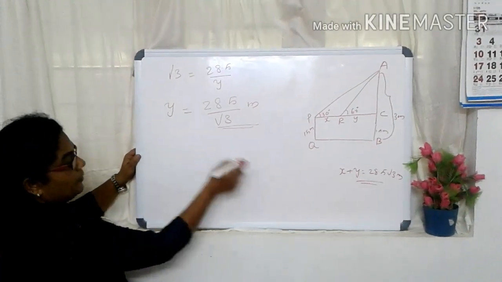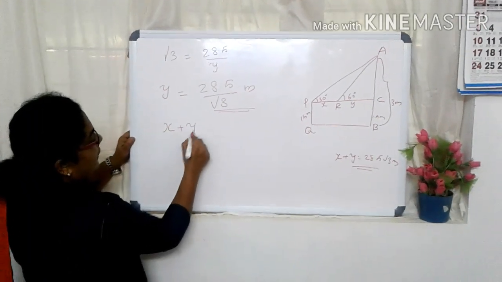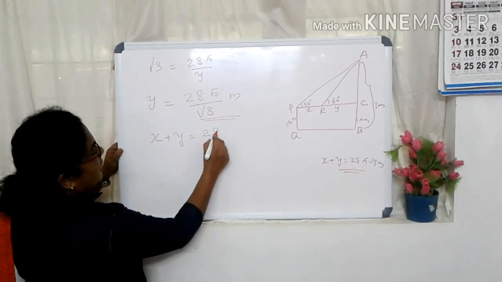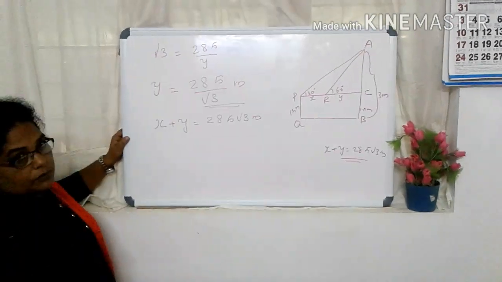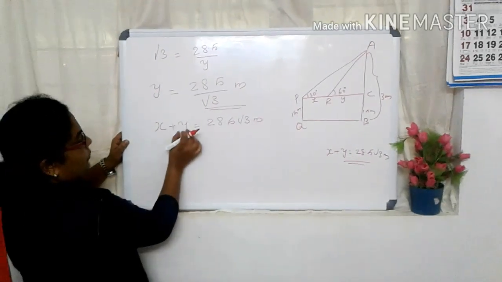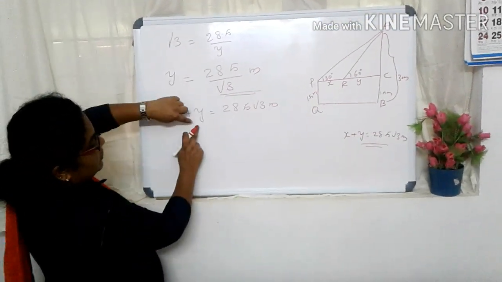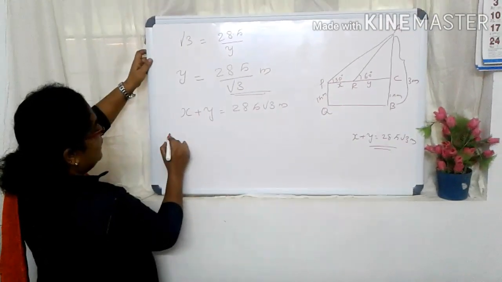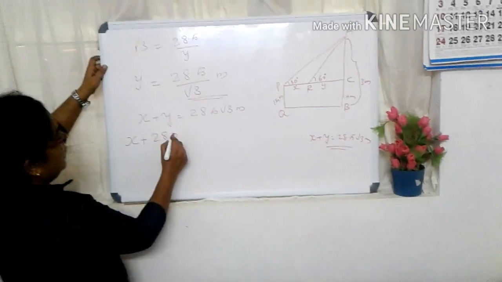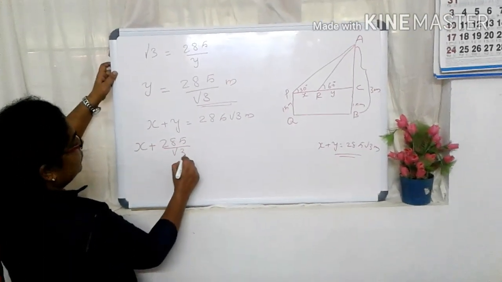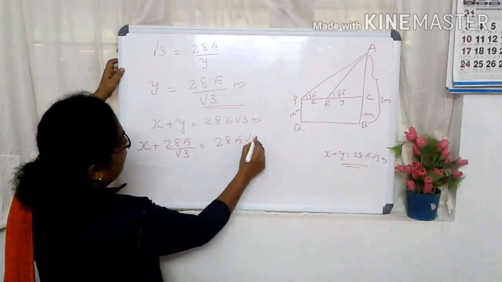Now from equation number 1, the first equation, we have x plus y equals 28.5 root 3 meters. We already found this answer, and for y we are substituting the value of y here. So what will we get? x plus 28.5 by root 3 equals 28.5 root 3.